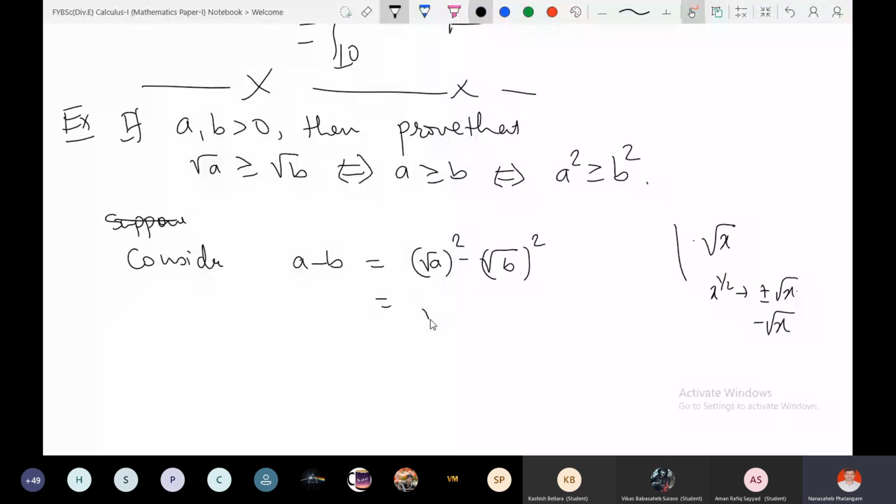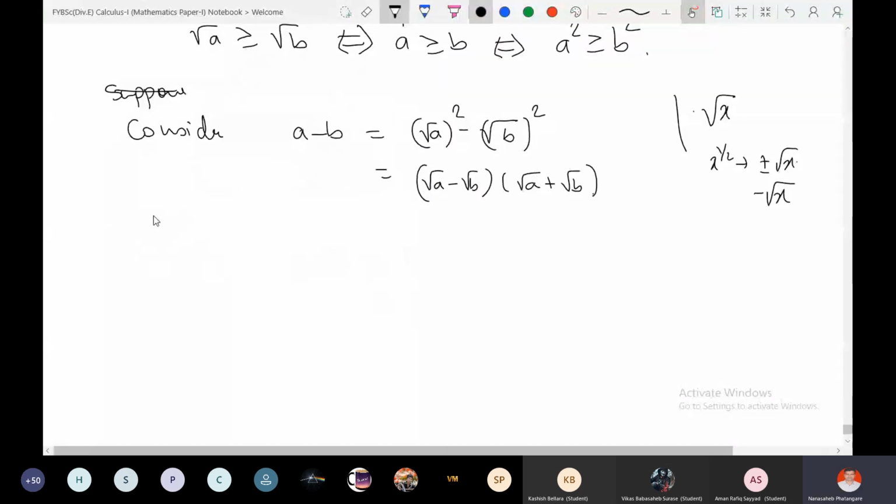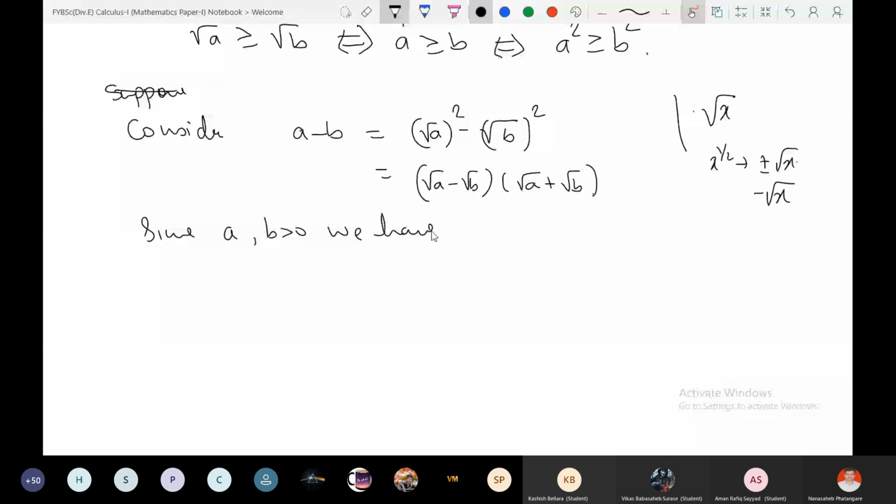So it is square root of a minus square root of b, into square root of a plus square root of b. If you consider this, since a and b are positive, what can you say about square root of a and square root of b?